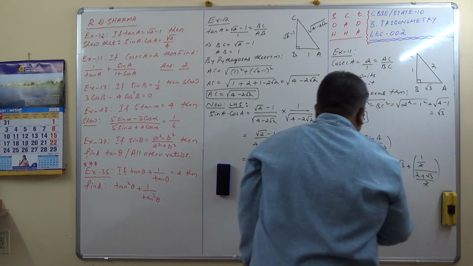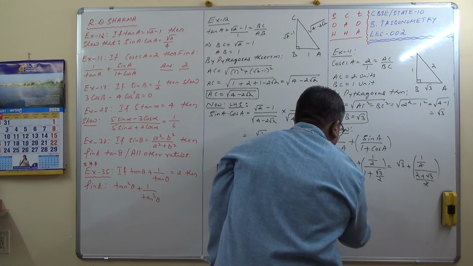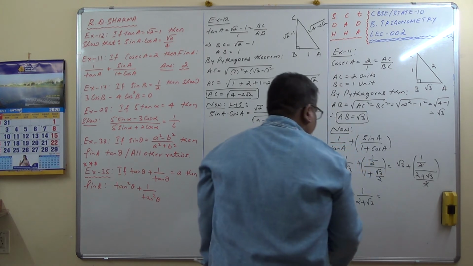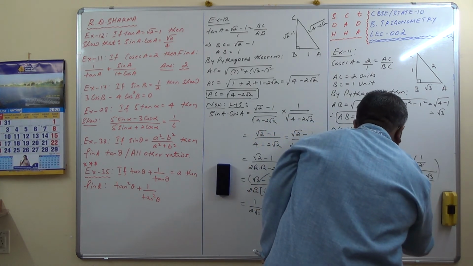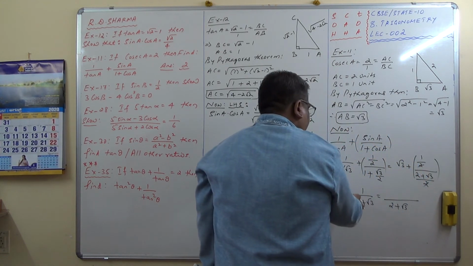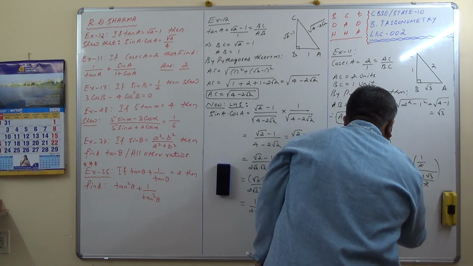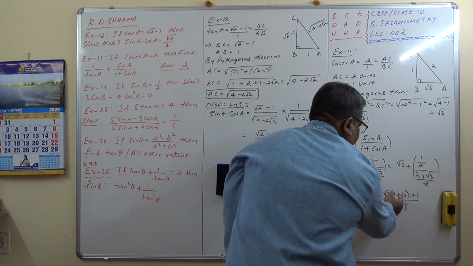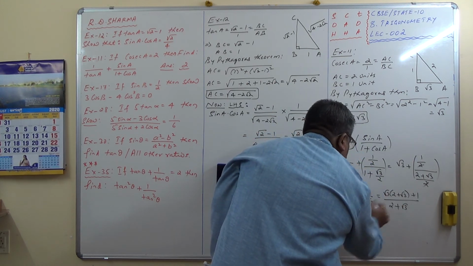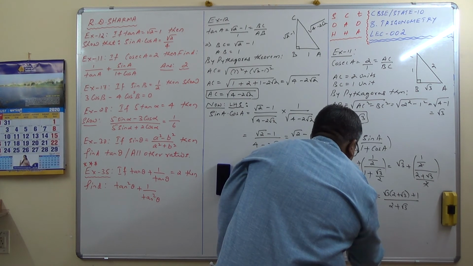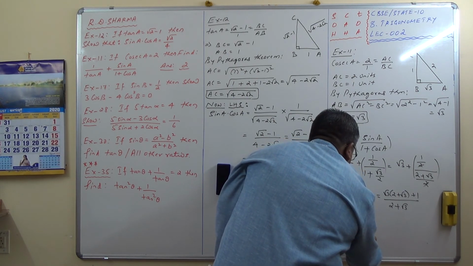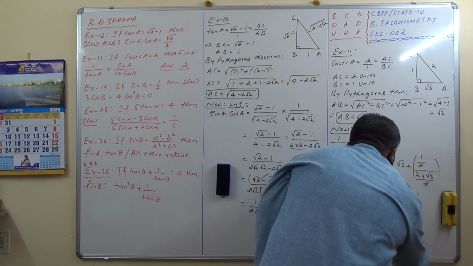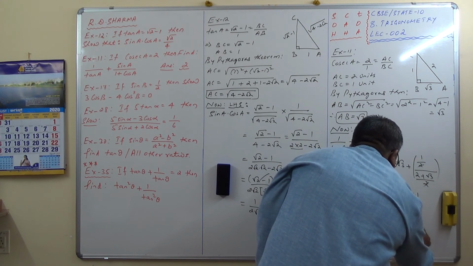So this 2 cancels, which equals root 3 plus 1 divided by 2 plus root 3, which equals LCM, 2 plus root 3 into 2 plus root 3 plus 1, which equals 2 root 3 plus root 3 into 3 plus 1 divided by 2 plus root 3, which is 2 root 3 plus 4 divided by 2 plus root 3.